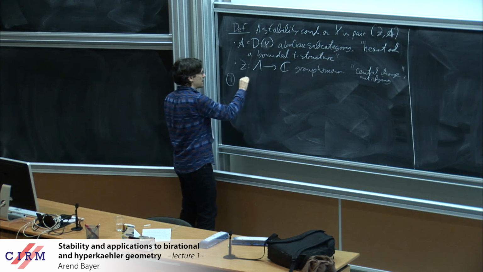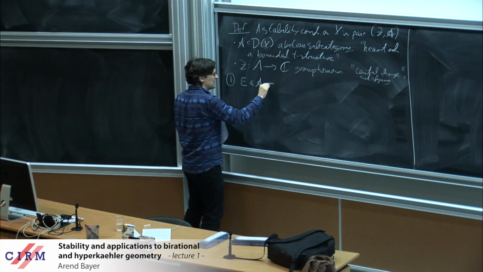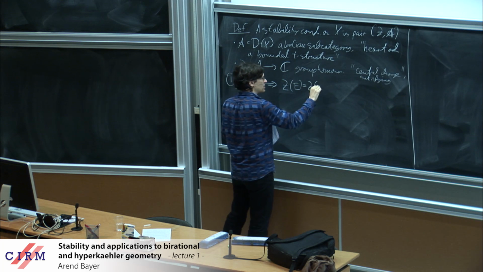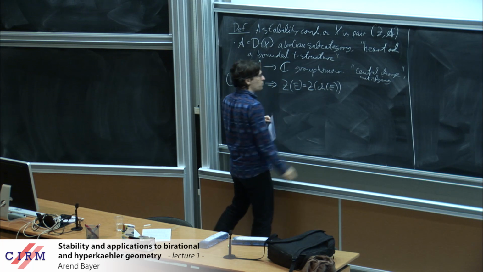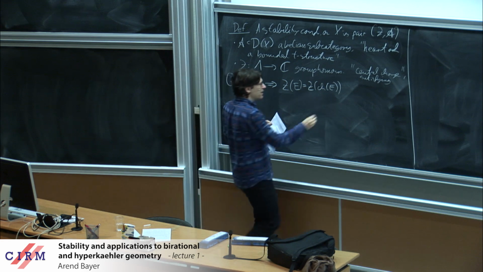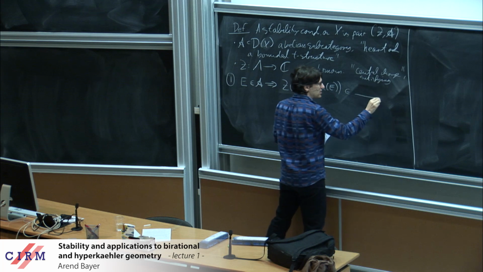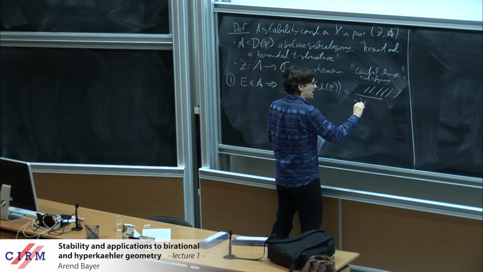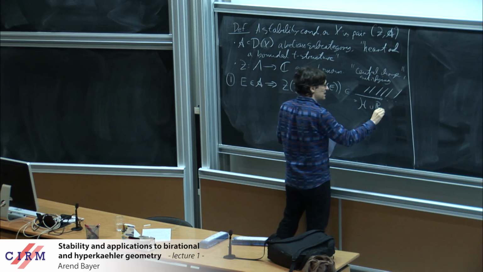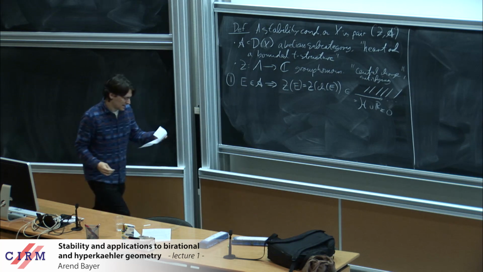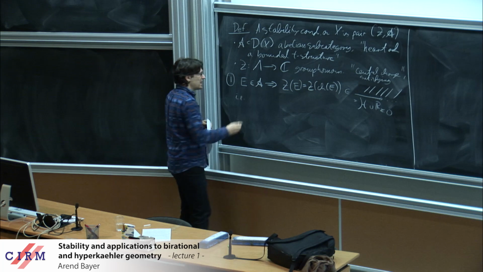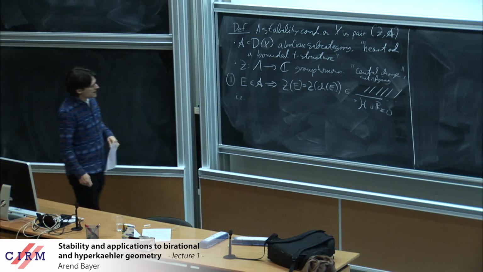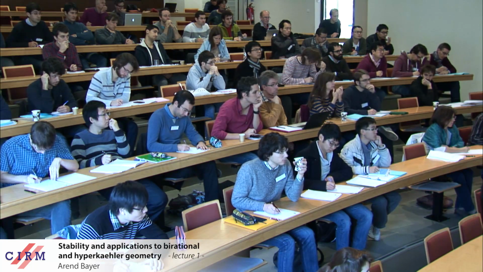When I have an object E in this abelian subcategory, then I can look at Z of E, where I'll always use the shorthand notation for Z of the Chern character of E. This is now a complex number, and I want this complex number to land in the semi-closed upper half plane, the upper half plane union the negative real line. The way to think about this is that I have two functions on A that are additive on short exact sequences with some positivity properties.